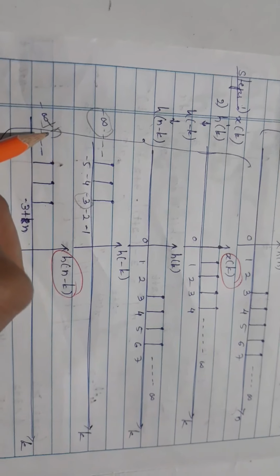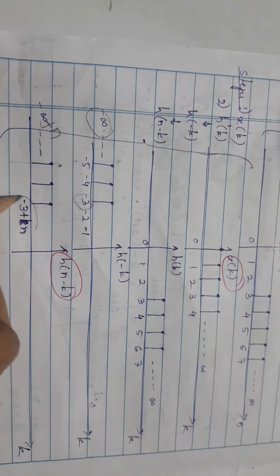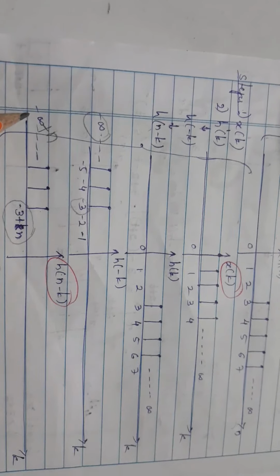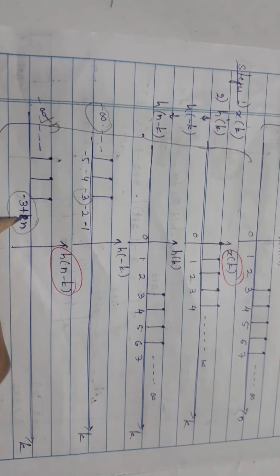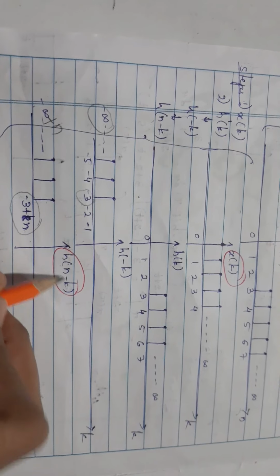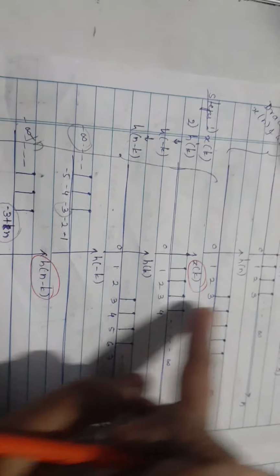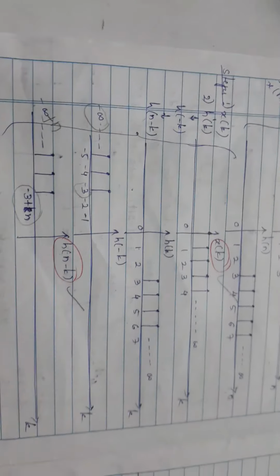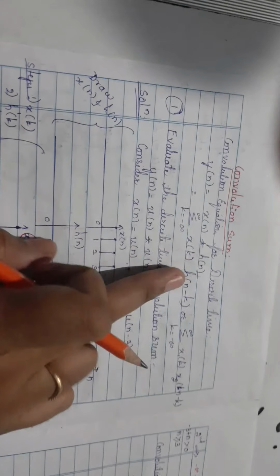We will keep it minus infinity. So the limit is now minus infinity to minus 3 plus n. This is h of n minus k. So we have followed this procedure. We have got x of k, we have got h of n minus k. Once we get these two signals, we can go for convolution.